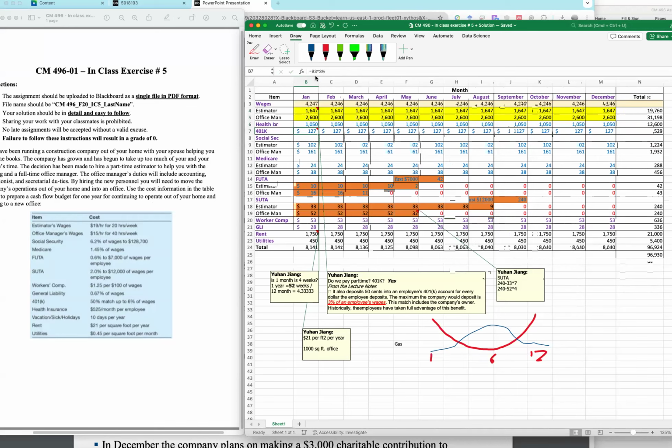This is fine. This needs to be rounded as well. ROUND, 0. And the estimates here need to be rounded as well, because we just see this has no decimal place, but actually it is a fractional number, right? So we're going to be using those.